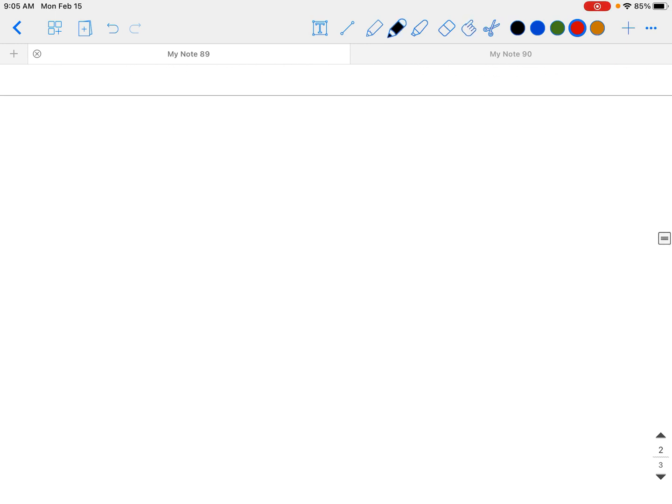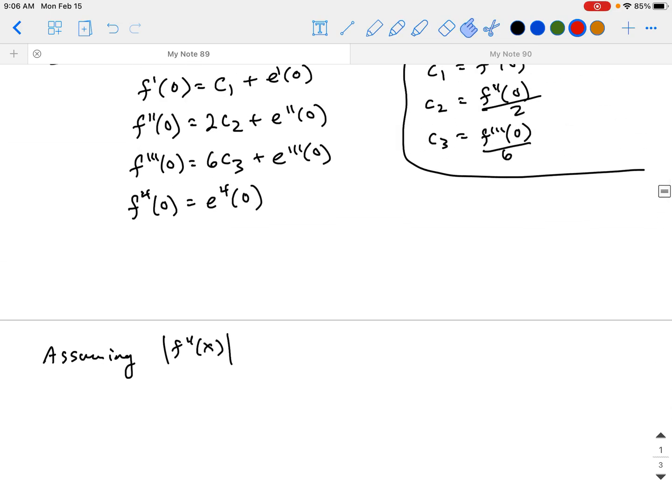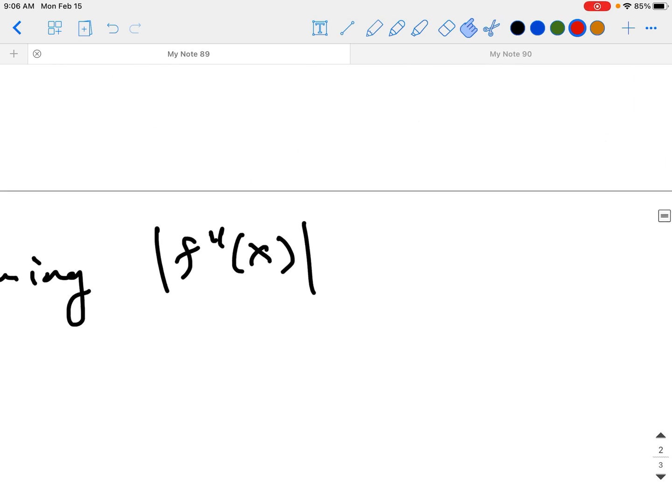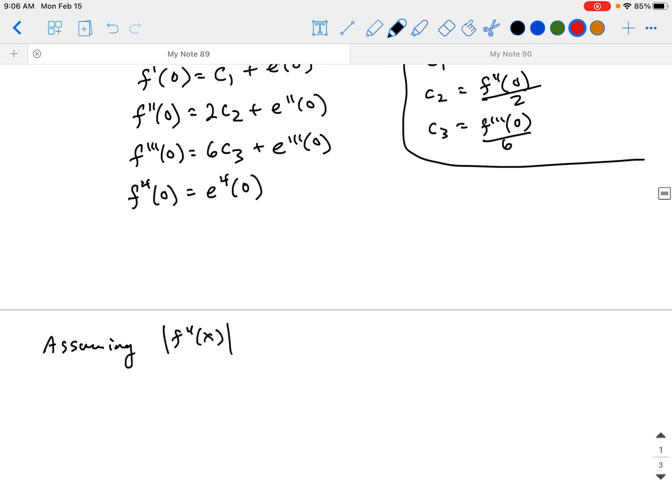So let's take a look then at our fourth derivative term. Whoops, not at 0. By our construction above, we saw that the fourth derivative of f is equal to the fourth derivative of e.